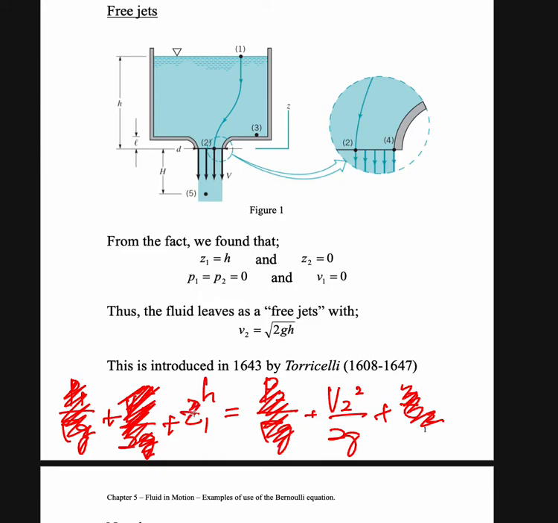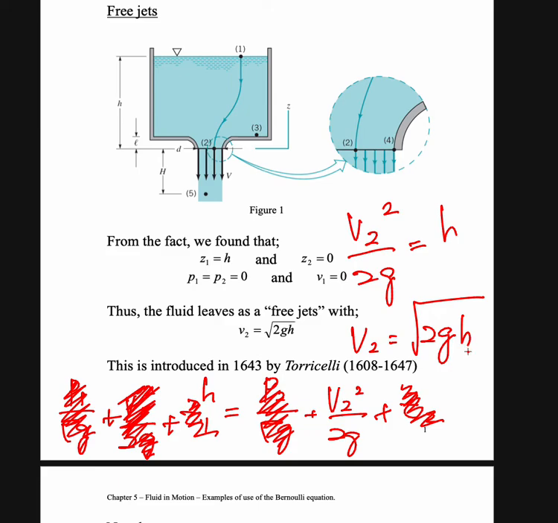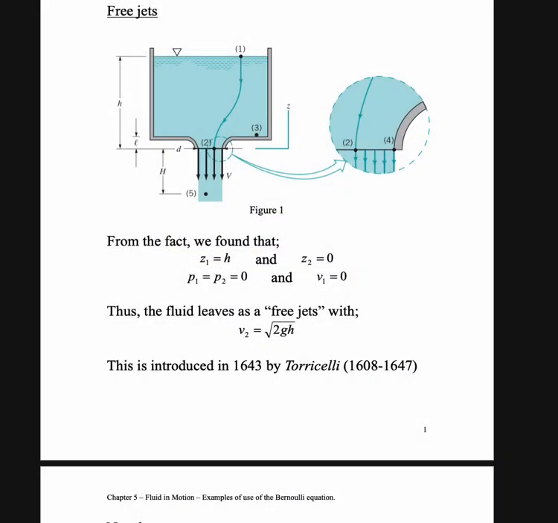Now we only have V2 square over 2G is equal to H. We could simplify and calculate the value of the velocity here. Velocity V2 is equal to the square root of 2G times H. This idea was introduced by a scientist called Torricelli. The idea of V equal to the square root of 2GH is sometimes called the Torricelli theorem.